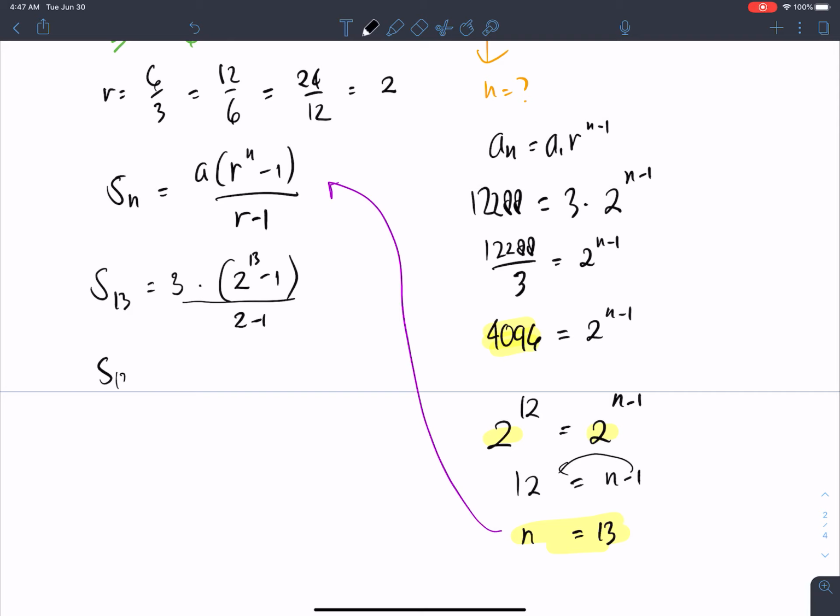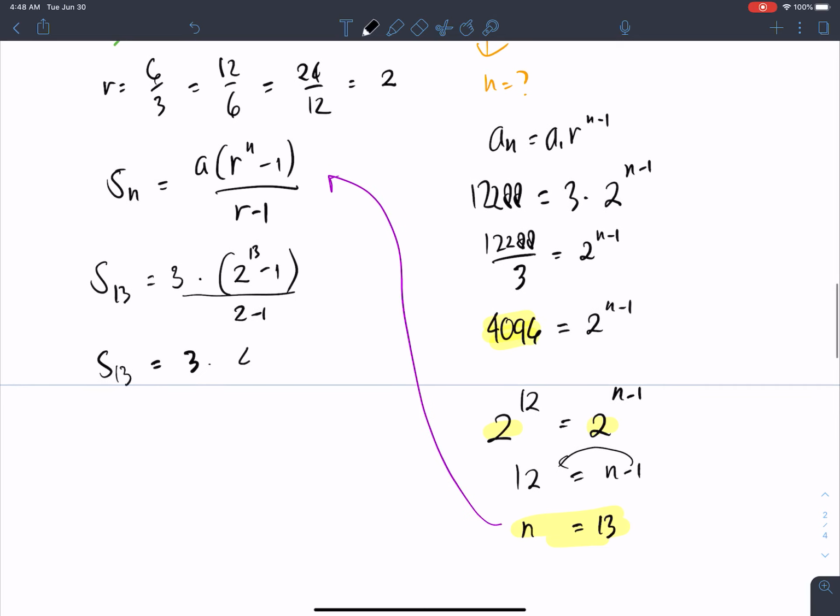So for S13 we will have 3, and 2 to the power of 13 we already know is 12288. Sorry, not 12288, it's 4096. So 4096 minus 1, we have 4095.